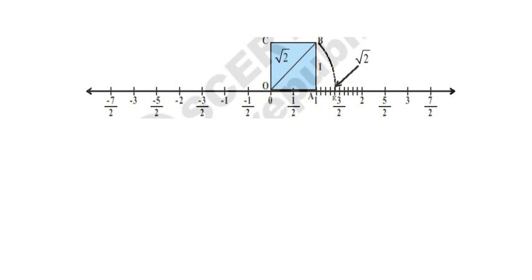Now you observe on the screen what is there. There is a number line and some rationals are also there. Minus 7 by 2, minus 5 by 2, minus 3 by 2, minus 1 by 2, 1 by 2, 3 by 2, 5 by 2.